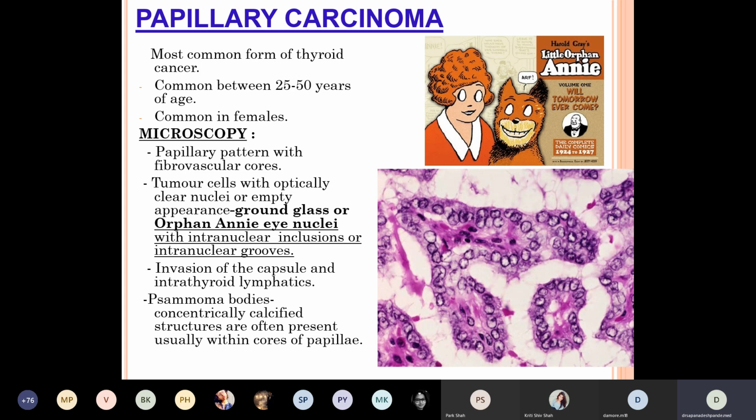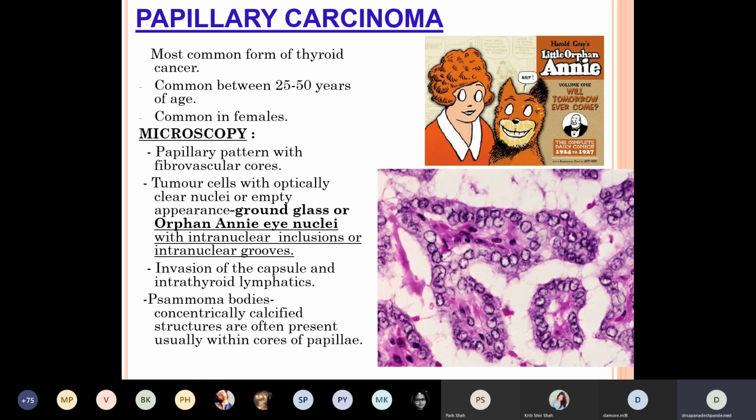What are Psammoma bodies? These are calcified areas. Concentrically calcified structures are often present, usually within the core of the papillae. Because of the papillae, sometimes there will be no blood supply to the fronds, and that shows degeneration and calcification, and they form Psammoma bodies. So remember papillary carcinoma and Psammoma bodies.